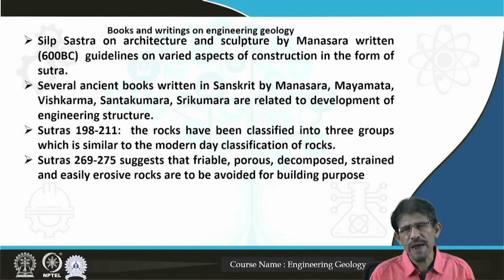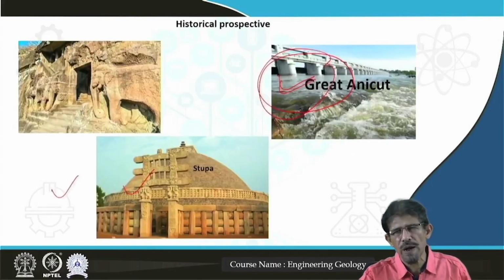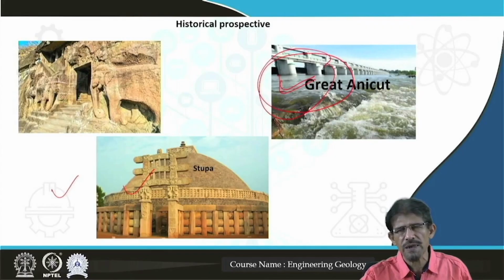Besides this, we have a number of structures related to stupas located in the Sarnath area, in Delhi, and a number of monuments developed in different historical periods by the Chola kings, Mughals and other sultanates.